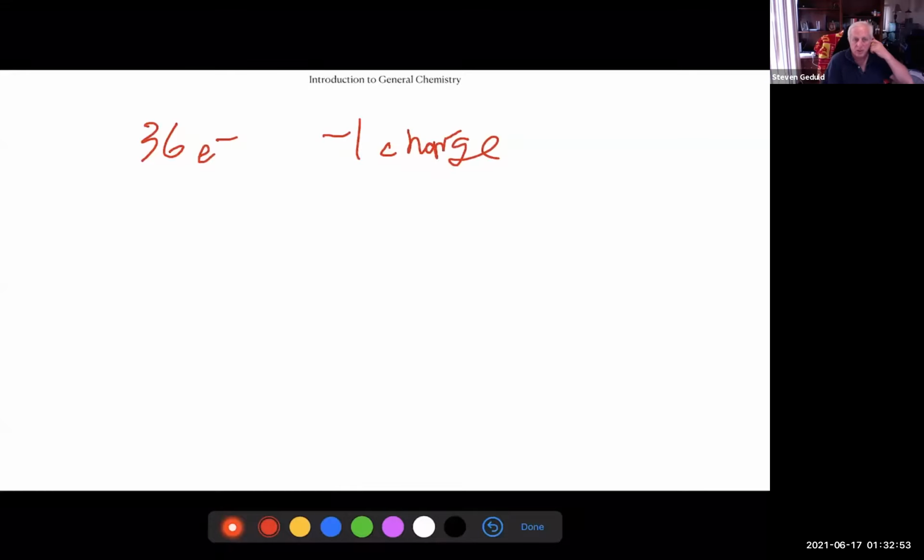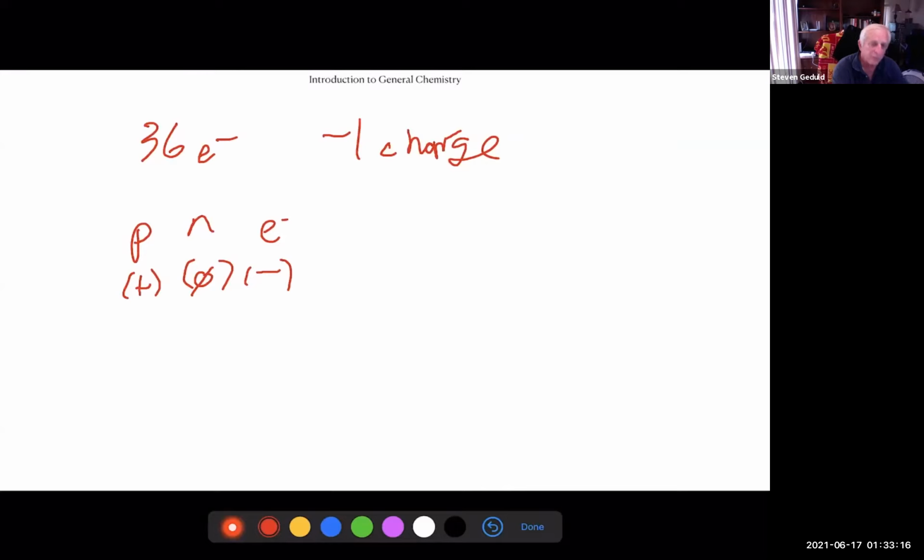Okay. So an atom has protons, neutrons, and electrons. If there's a -1 charge, protons have a plus charge, neutrons are neutral, there's no charge, and electrons have a negative charge, -1 charge.